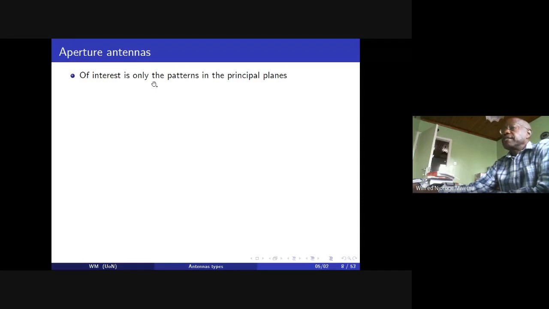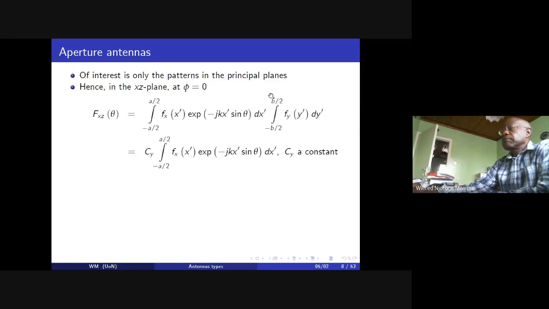So of interest is the pattern in the principal planes of radiation. And hence, in the xz plane at phi equal to 0, we have that f xz of theta is just going to be given by that expression, okay?